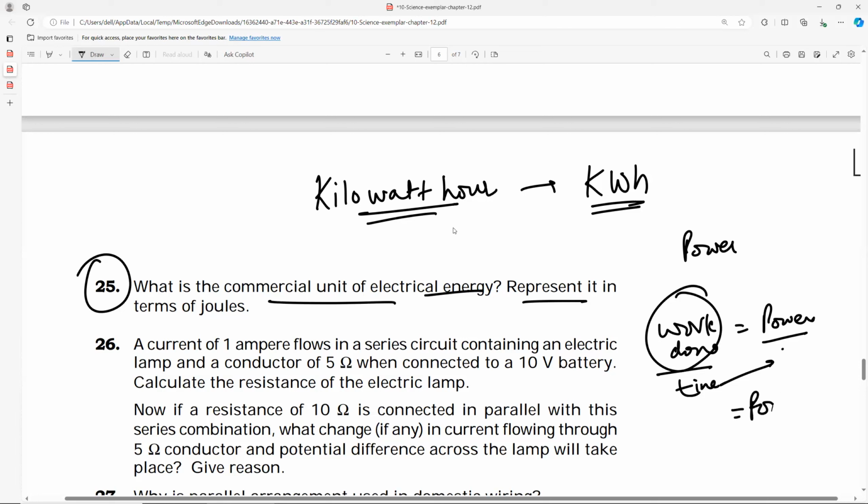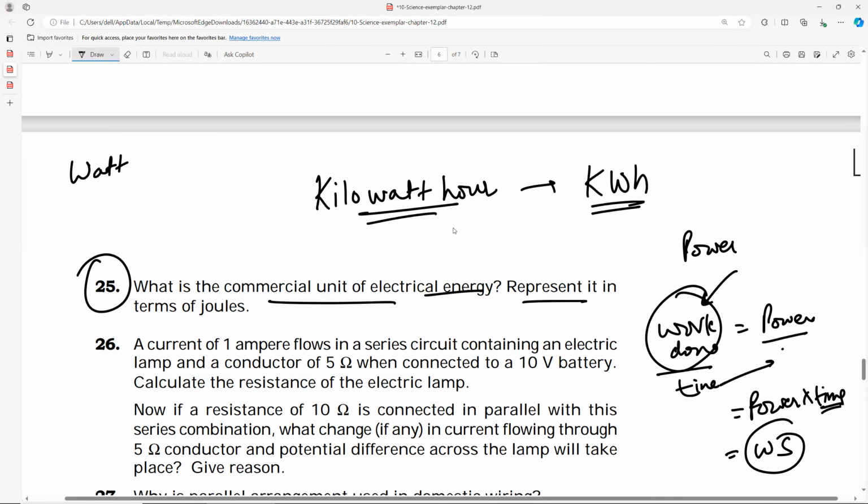If I take the standard unit, power is taken in watt and time is taken in second. So watt second will give you the unit for the work done, and work done is energy. Both have the same unit, joules.